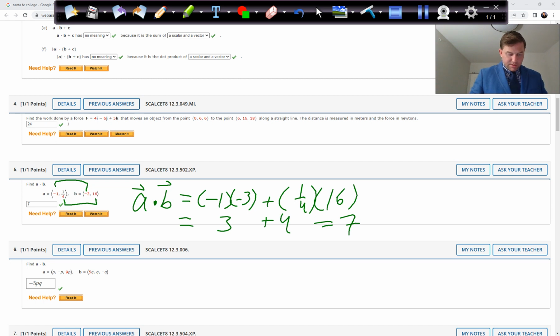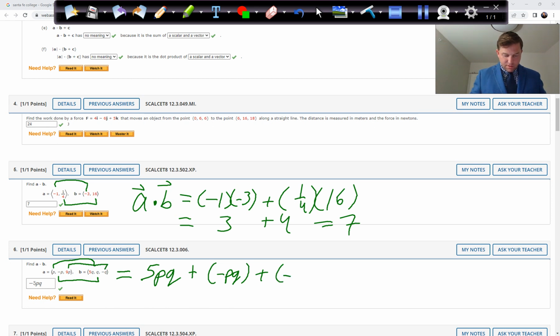This one's also not too bad. It's very similar, except they're using letters. So the dot product of these two would be P times 5Q, which would be 5PQ, plus minus P times Q, so it's going to be minus PQ, plus the third term would be 9P times minus Q, minus 9PQ.